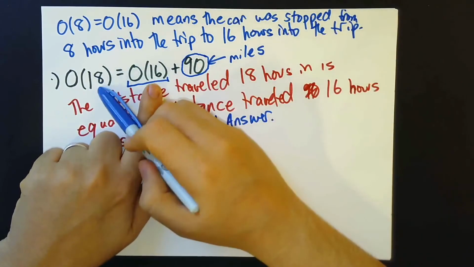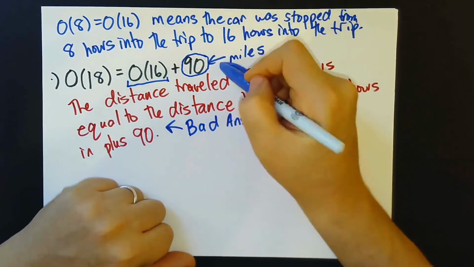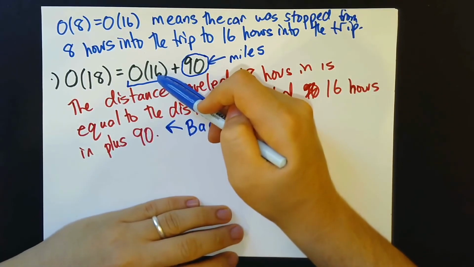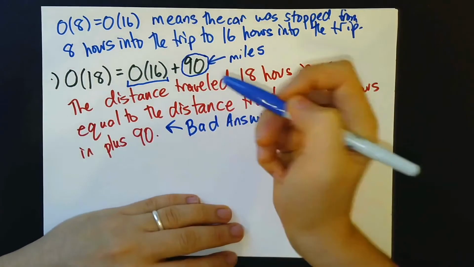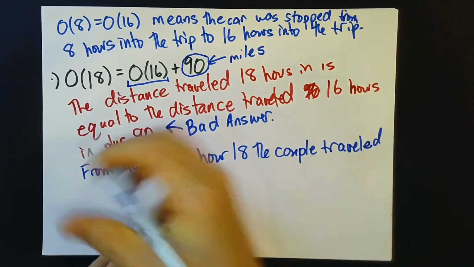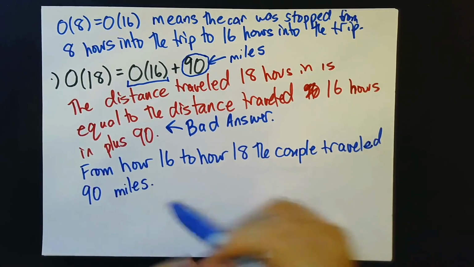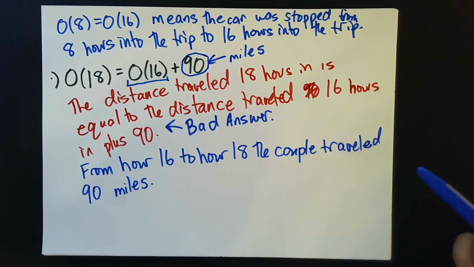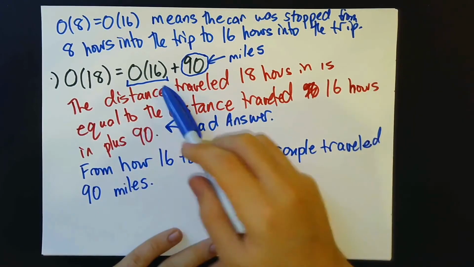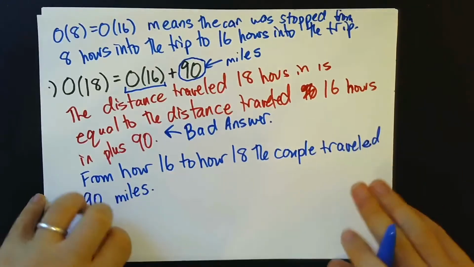Namely, if in order to get the total distance traveled in hour 18, I need to add 90 miles to the number of miles traveled at hour 16, then what I'm really saying is from hour 16 to hour 18, the couple traveled exactly 90 miles. And this is a very reasonable amount of distance for the couple to have traveled during those 2 hours, because that's an average of 45 miles per hour. That works out reasonably.